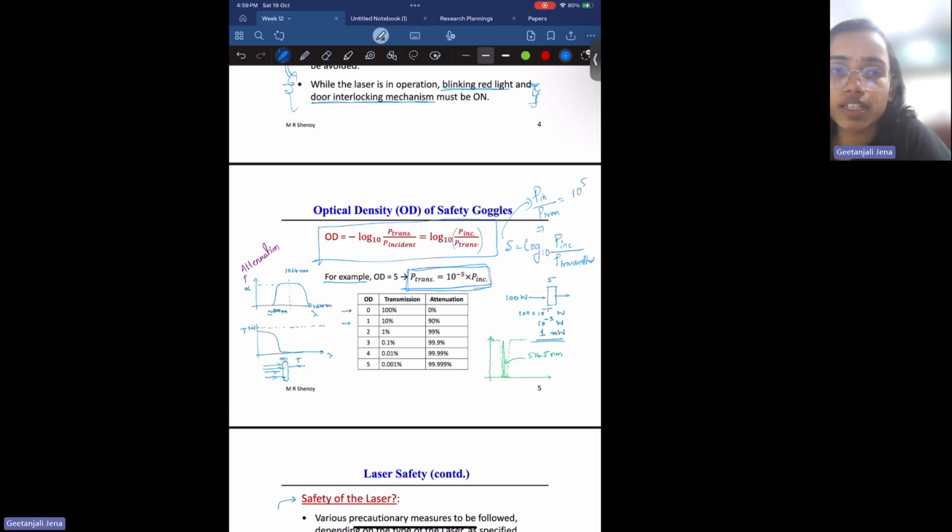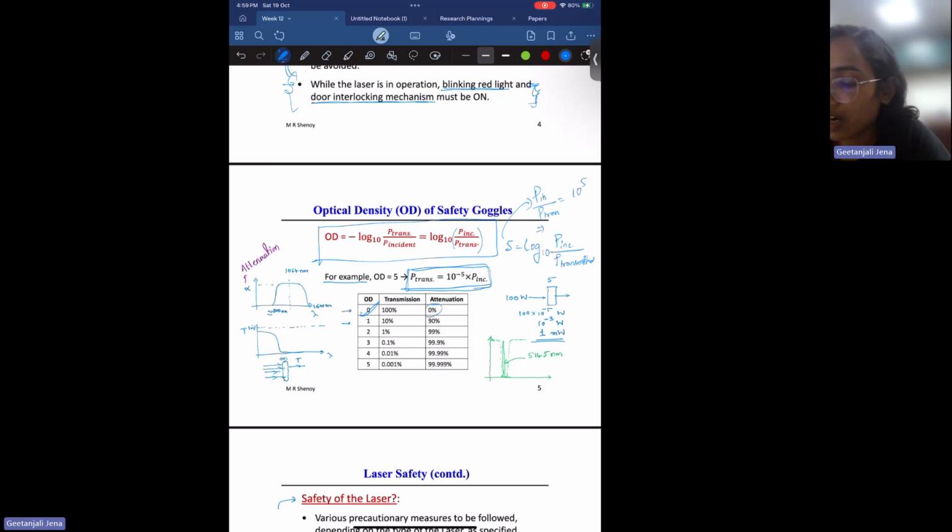So this is what we mean by optical density. Higher the optical density, higher will be the attenuation power of the goggles. So when you use a class 4 laser, you will use goggles of higher optical density. Here are some examples. Let's say you have an optical density of 0, that is you are not using any goggles, then there will be 100% transmission of the laser beam and 0% attenuation.